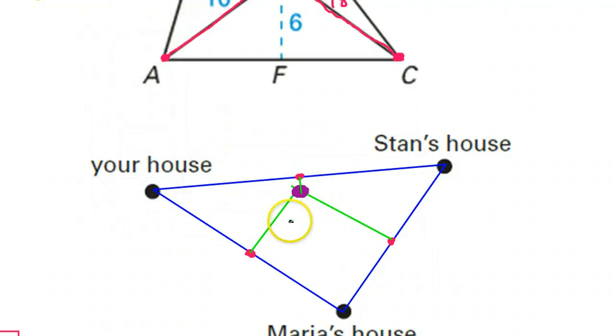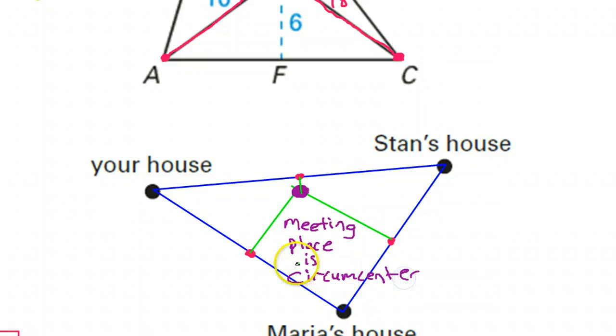Meeting place is circumcenter. And there it is.